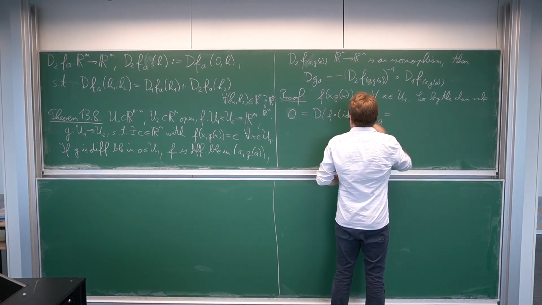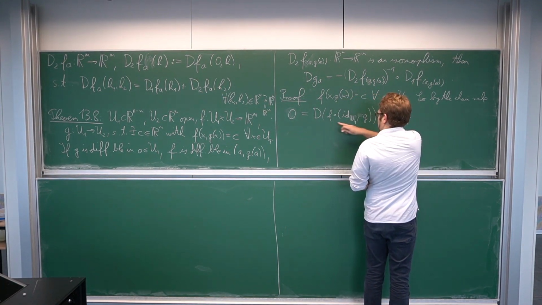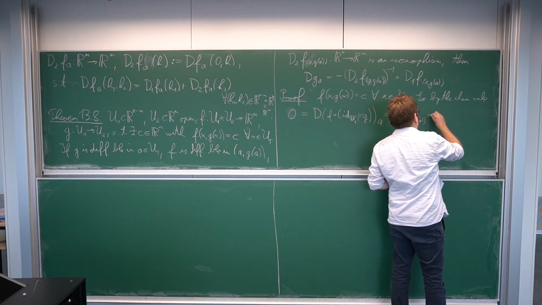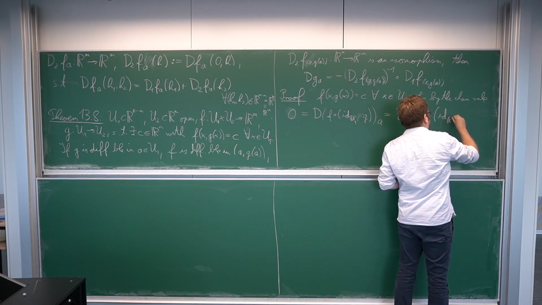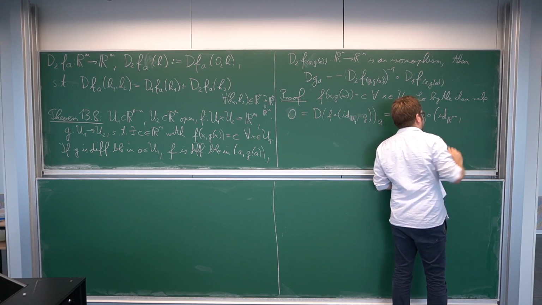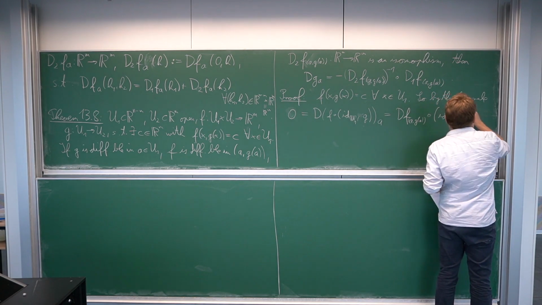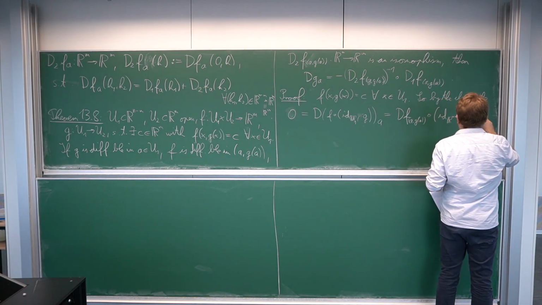Now, this is the differential of f in (a, g of a). And now by the chain rule, this is composed with the derivative of what's inside, so composed with the map which is the derivative of the identity, which is the identity on R^(n-m) this time. And here we have the differential of g in a.